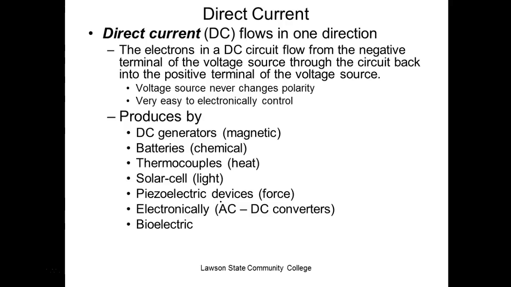DC has a couple of big advantages. It's very easy to produce chemically. AC we can't produce chemically. And we can electronically control DC.